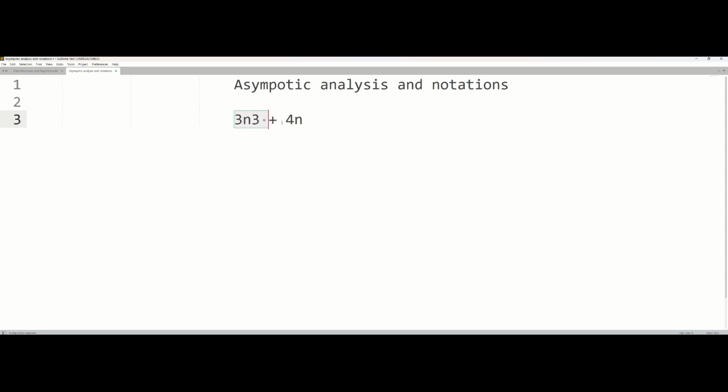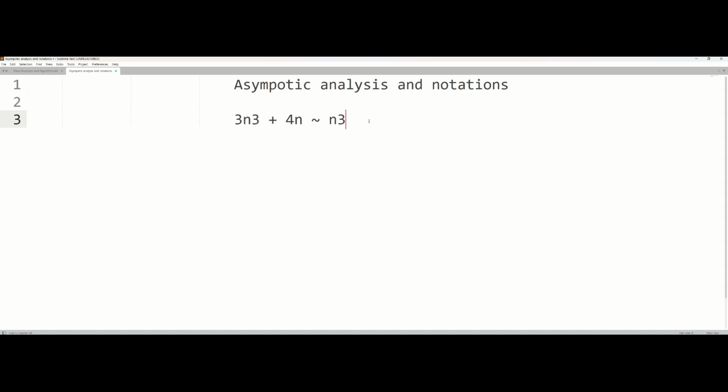So it's 3n cube plus 4n, and when you take a large value for n, what this approximately becomes is 3n cube, which also roughly translates to n cube. For very large inputs of n, the 4n is basically negligible, and the 3n cube becomes approximated as n cube. So this entire equation asymptotically becomes n cube, right?